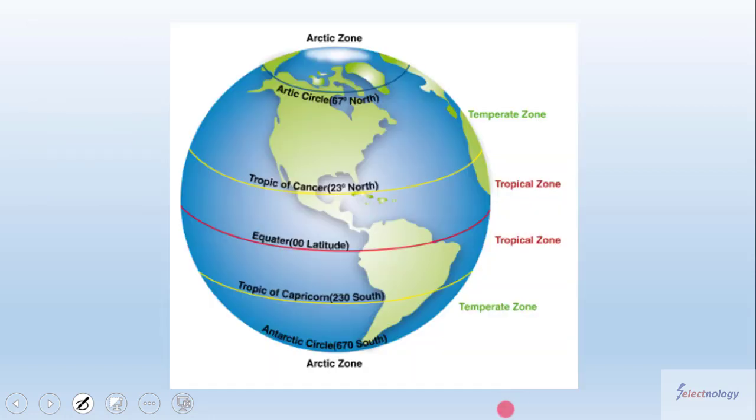We know that Earth is divided into various zones and various lines. The lines are called latitudes and longitudes. The middle line, which divides the Earth into two zones, the north half and the south half, is called the equator.